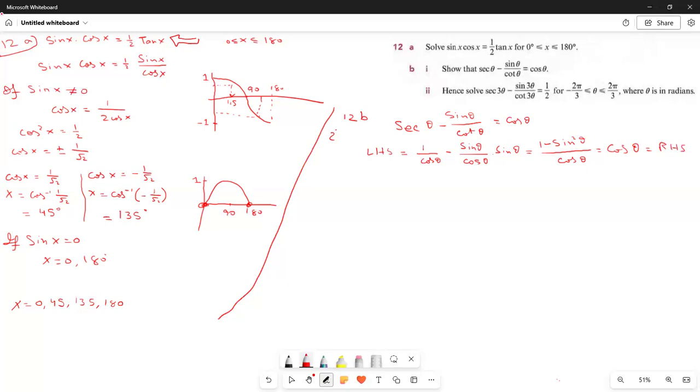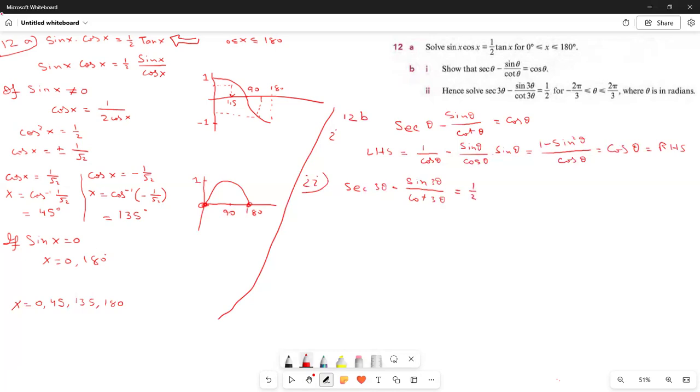Okay, now let's go to the second part. The second part said that we need to solve this equation: secant 3 theta minus sine 3 theta over cotangent 3 theta is equal to 1 by 2.